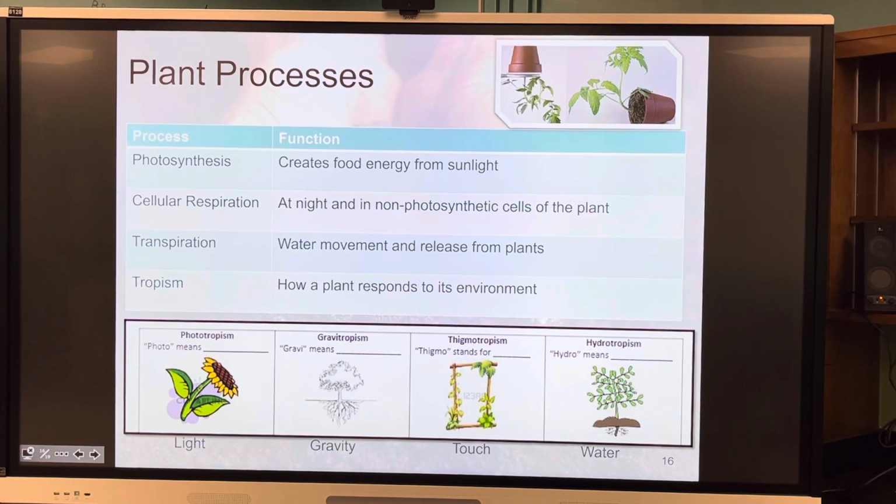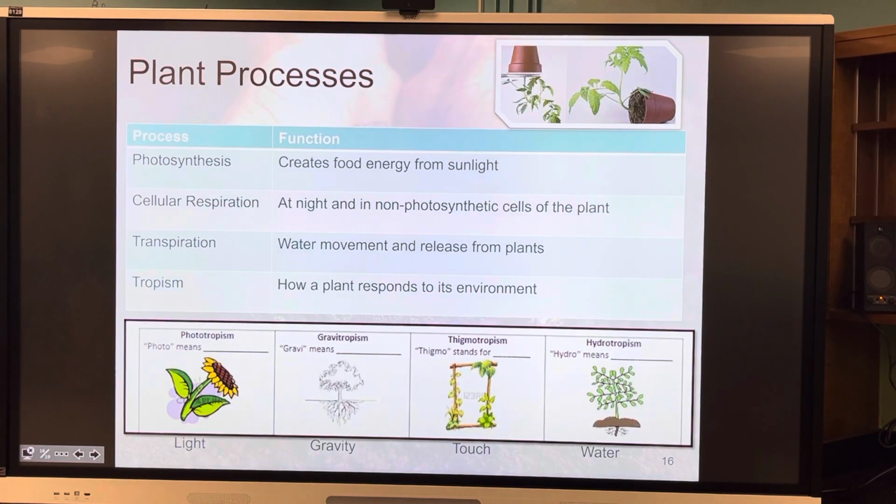Cellular respiration is what plants do when the sun goes down. They do what we do. At night and in non-photosynthetic cells of the plant, it uses its own food, its own glucose that it made to carry on its processes. Growth, repair.